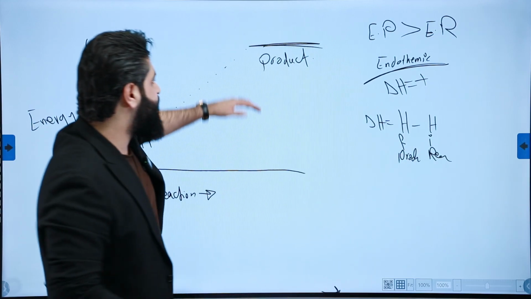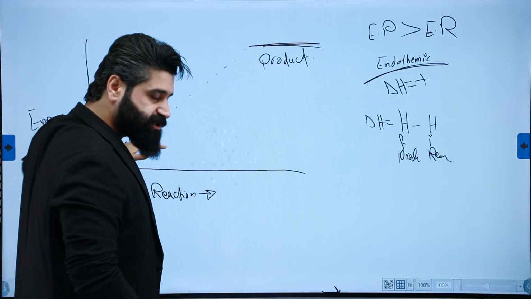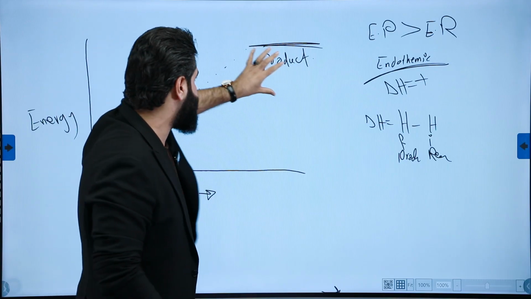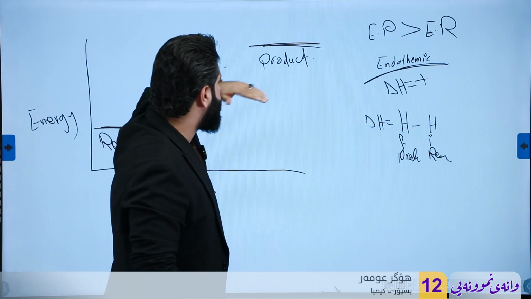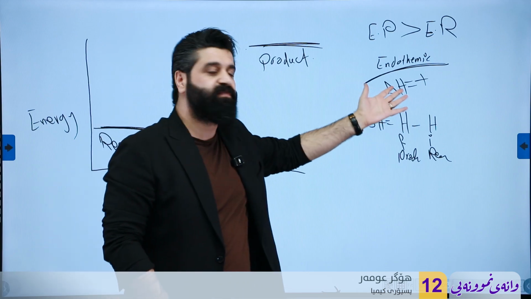Look, since the energy level of product is greater than the energy level of reactant, so we will subtract a greater number by a smaller number. A greater number minus a smaller number results in a positive value.